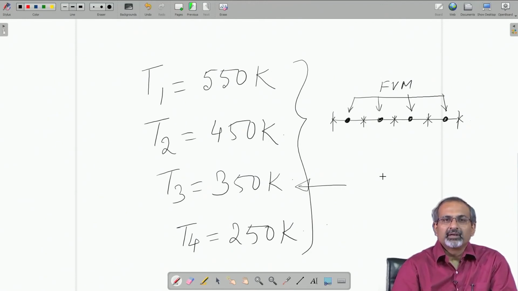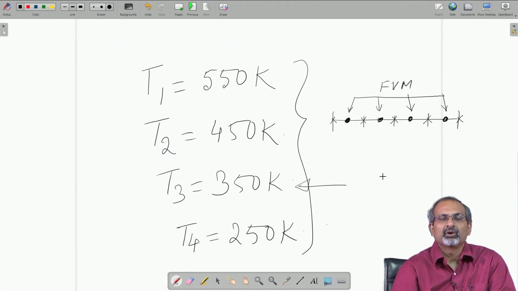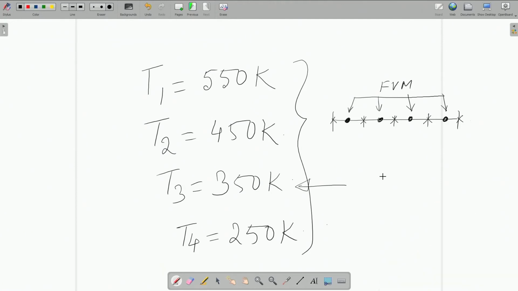Why we are able to get exact solutions even with approximations of the kind we have used here, we have discussed earlier, where in the context of finite difference method we tried to argue that for the functional variation that we have in this case, because the functional variation does not have content of higher order derivatives, therefore, with the kind of approximations we have used, we are getting a solution which exactly matches with the analytical solution.